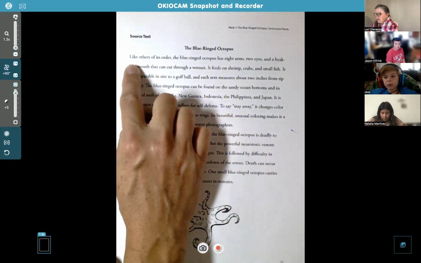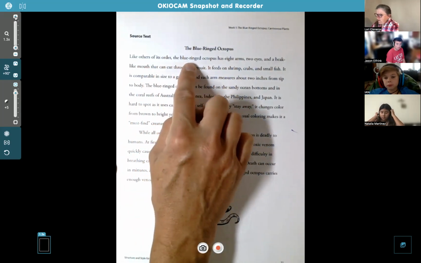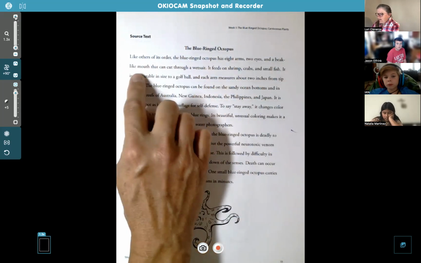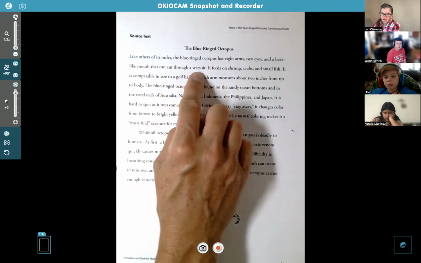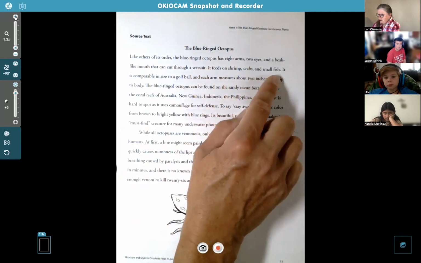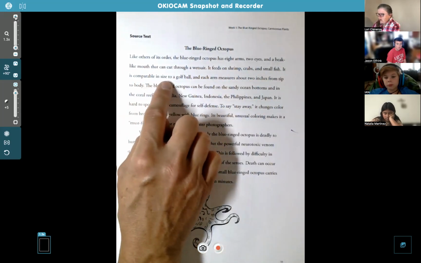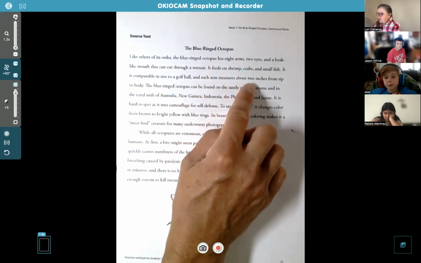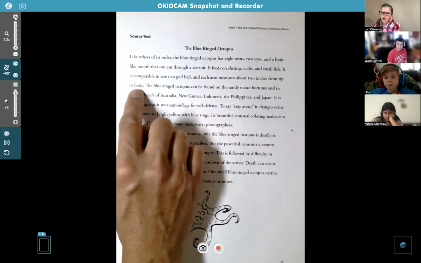So it says, like others of its order, the blue-ringed octopus has 8 arms, 2 eyes, and a beak-like mouth that can cut through a wetsuit. It feeds on shrimp, crabs, and small fish. It is comparable in size to a golf ball, and each arm measures about 2 inches from tip to body.